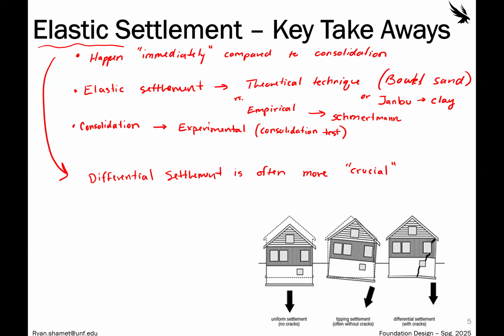Again, in the last example, we said a calculation of 50 millimeters settlement for elastic settlement. Now, most elastic settlement is going to occur during the construction stages or directly on it. So if all of your footings settle 50 millimeters, that might not be that big of a deal. It's not going to affect drainage as much. It's not going to affect the structure.